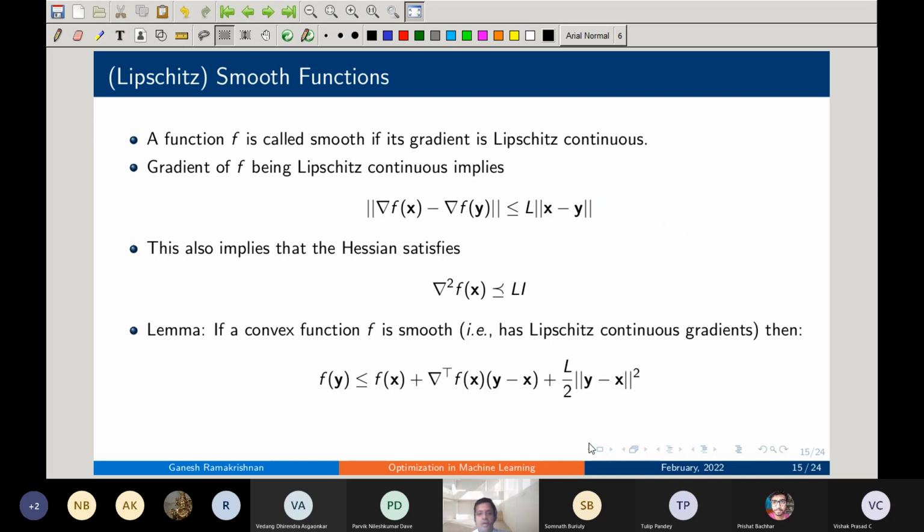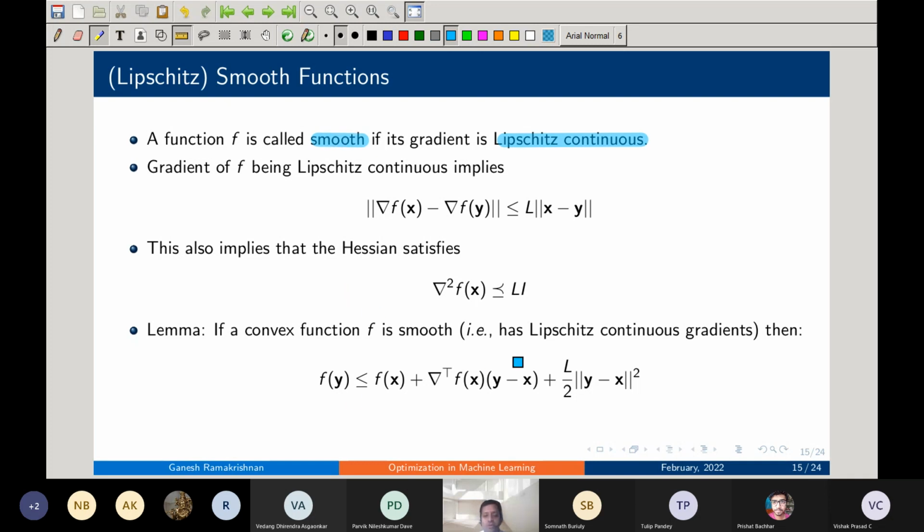So if a convex function is smooth, so this is called smoothness. You say Lipschitz continuous gradient is the same as saying it is smooth.